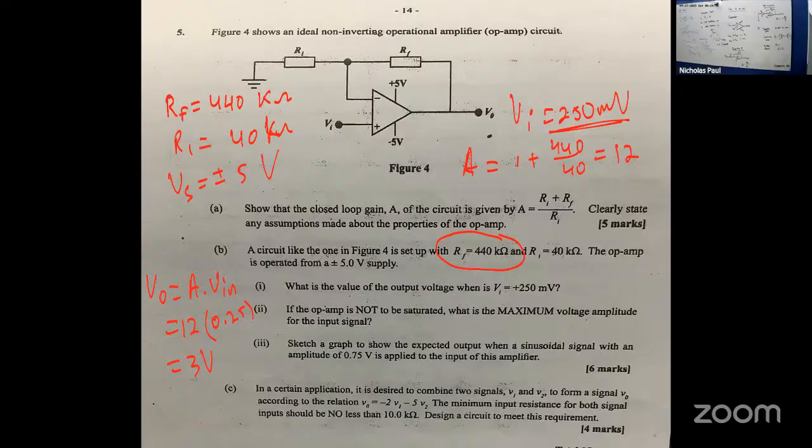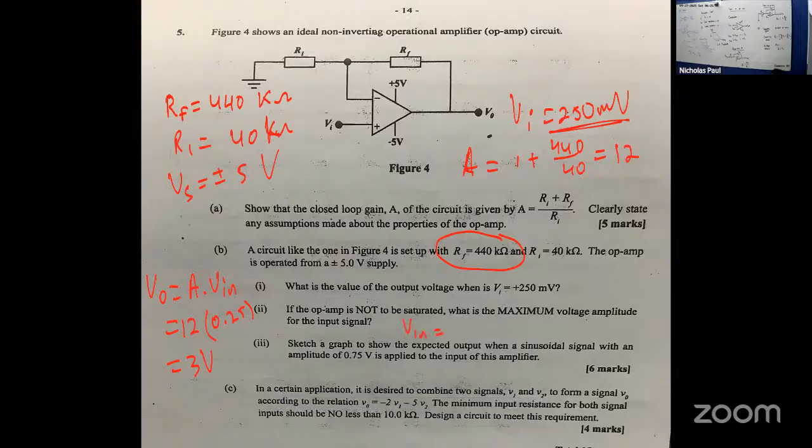What is the value of the output voltage? Sorry, that's part 1. If the op amp is not to be saturated, what is the maximum voltage amplitude for the input signal? I gave you a formula for that.